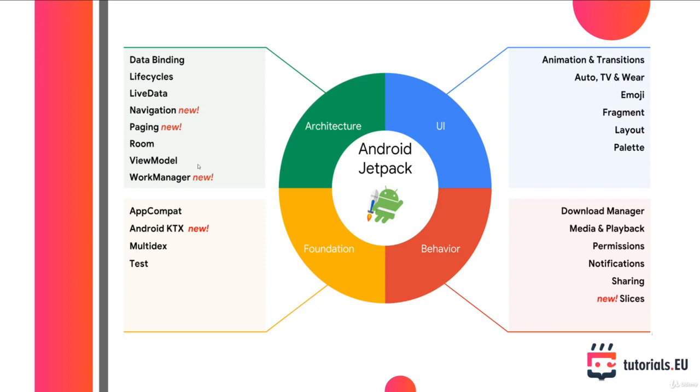Then lifecycles, they've been there before, but that's part of the architecture of Jetpack. LiveData, which is also used when working with Room, navigation, paging, and so forth. So you can see a lot going on here, and we're going to cover roughly 80% of the keywords that you see here throughout the application so that you get a feeling for what they can do for you and how you can use them for your future applications when building any kind of app in the future.